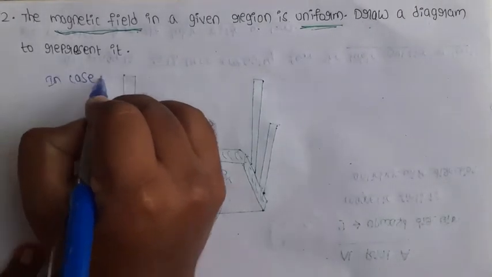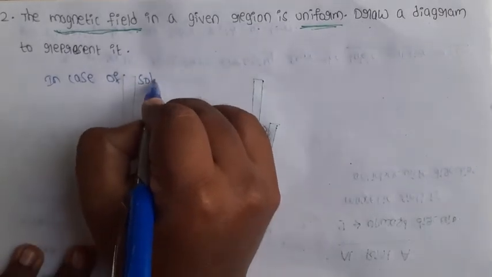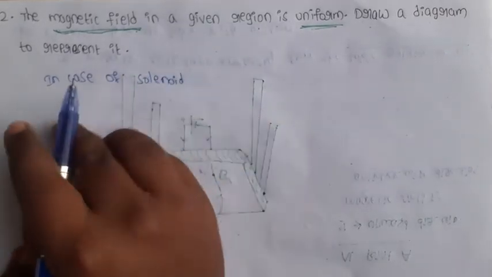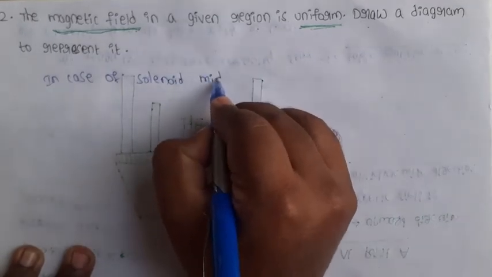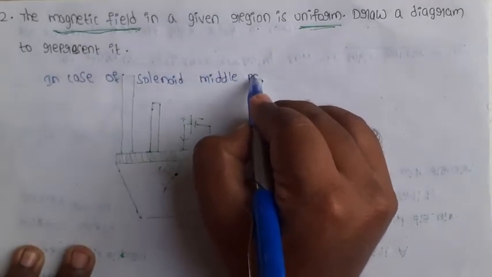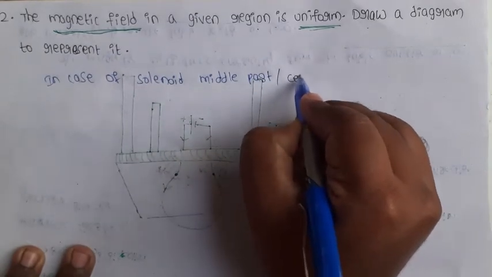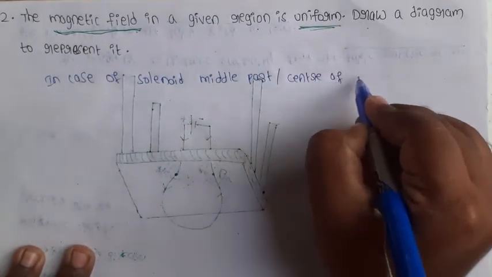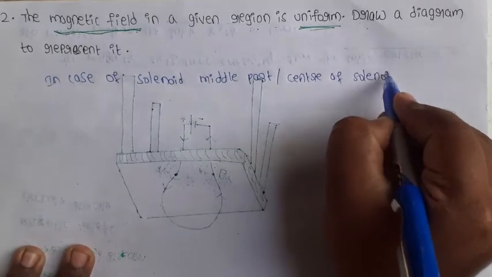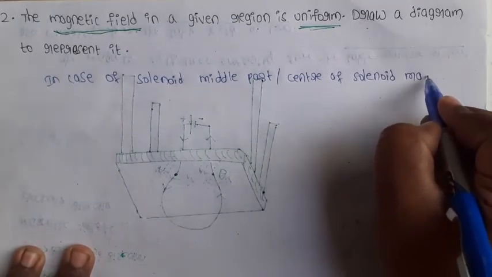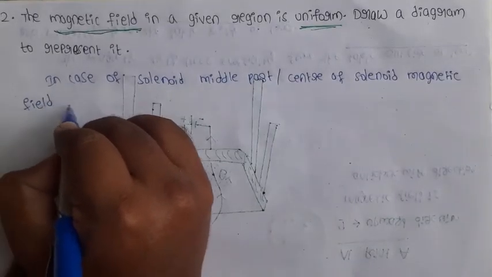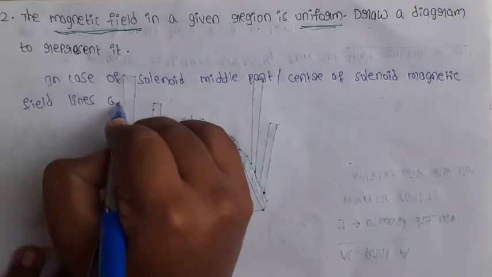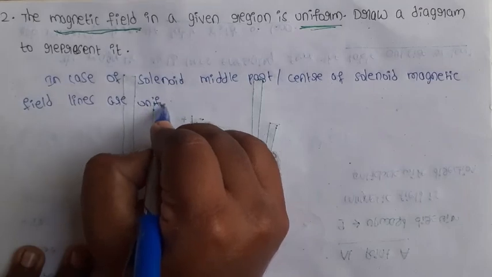In case of a solenoid, at the middle part or center of the solenoid, the magnetic field lines are uniform.